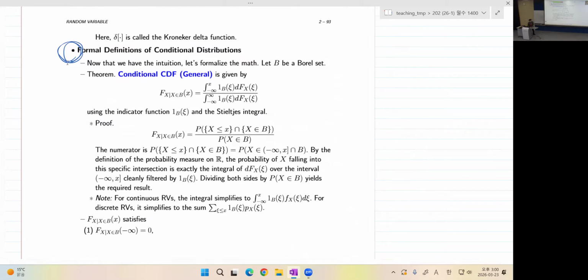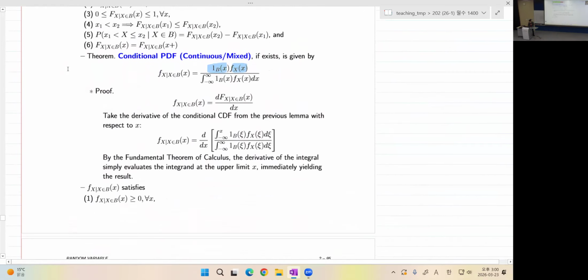You can show that. Let me show you the PDF first because it's intuitive. And it's related to that 2 졸라맨 figure. See that? You want to find the density of X conditioned on this X is in the Borel set B.